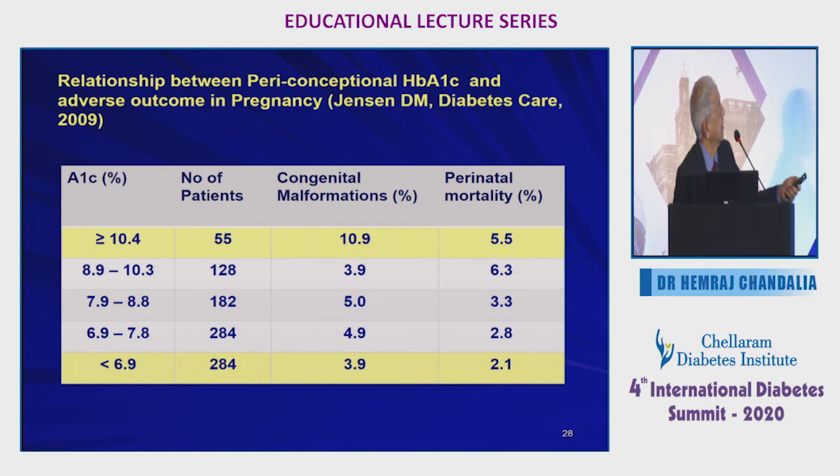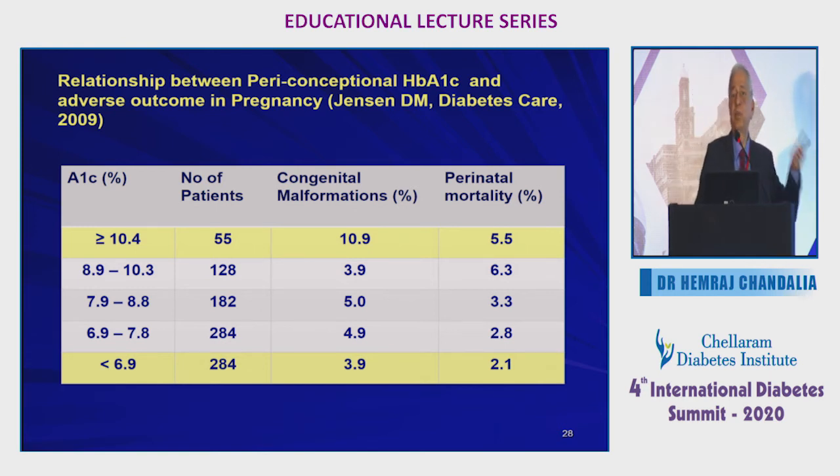So this is interesting. And of course, you know very well that depending upon the A1C level, you can have congenital malformation and perinatal mortality, and at less than 6.9, you see, this is close to non-diabetic, 3% is non-diabetic, and perinatal mortality is also similar. So A1C, this is how we derive what should be the goal. What should be the goal is derived by comparing what eliminates the clinical problems.